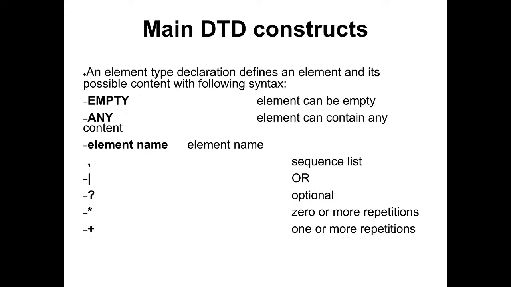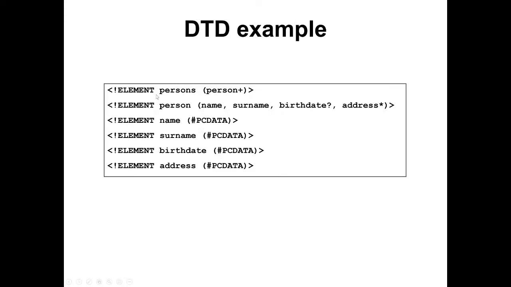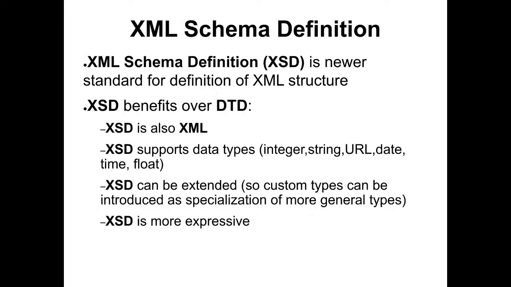An element type declaration defines an element and its possible content, and you can use the following sequence: empty element, any element. But maybe we'll not talk about DTD documents because we will not really use them.